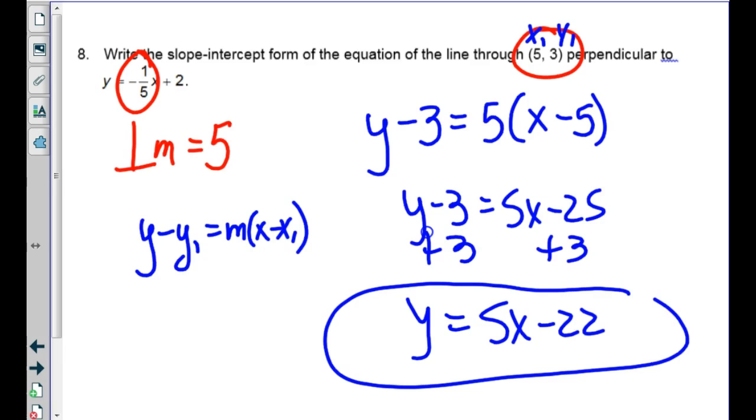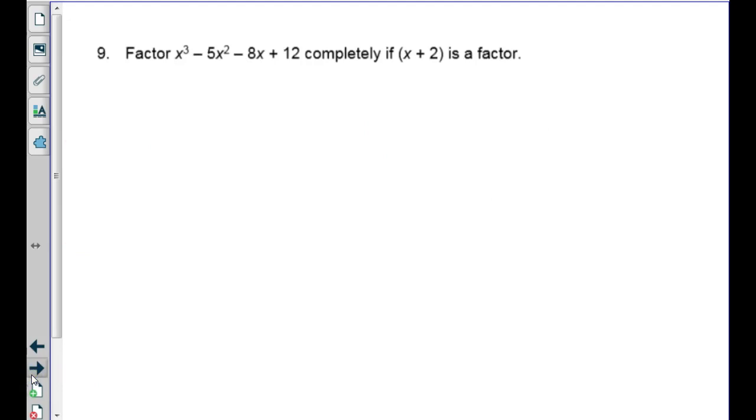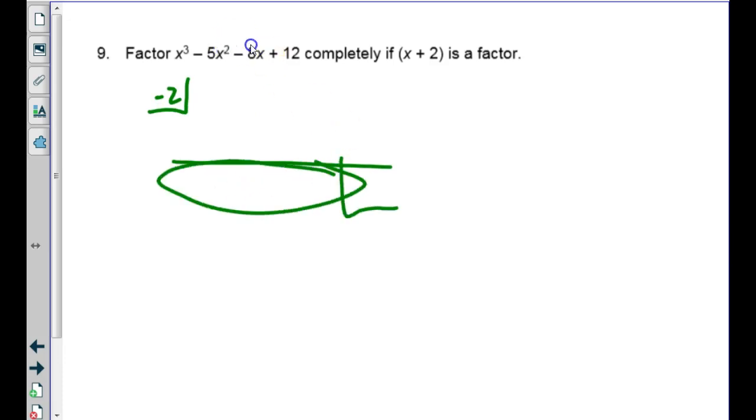Anybody? Questions? Do you need me to do this one? What could you do to start? Yeah, you could do synthetic division, and whatever's left will be what? No, it says factor completely. Yeah, whatever's left should be factorable, right?